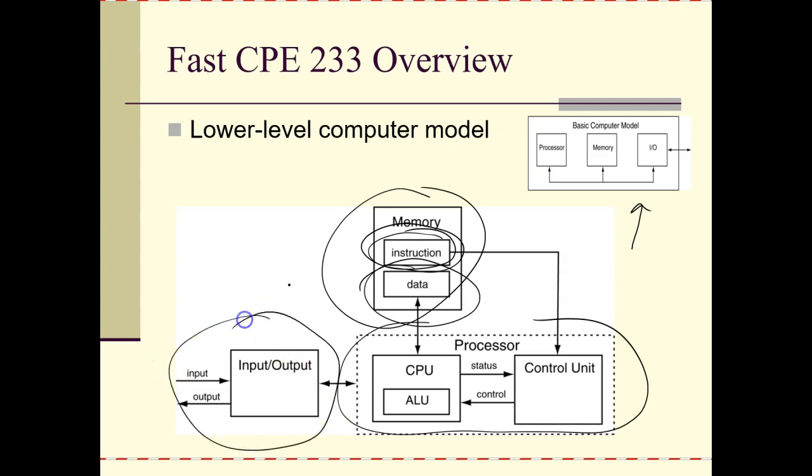The I/O, nothing too exciting about this one, but we've broken the processor up into 2 units. One is the control unit, and one is the CPU, which is the central processing unit. The control unit, just like you learned in 133, is a circuit that controls another digital circuit. It so happens that in this circuit, it's controlling the CPU. Part of the CPU is the ALU, which is essentially yet another number crunching module.